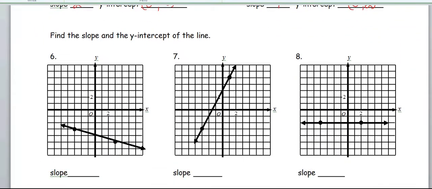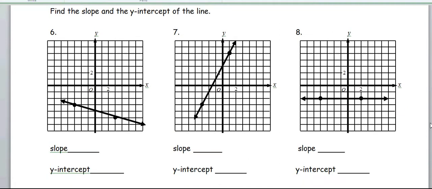Alright, from a graph, I usually find it's easier to find the y-intercept. So on this, to find the y-intercept, I just have to name this point. See, it crosses my y-axis, and what is that point? It's 0, 1, 2, 3, negative 4. 0, negative 4. I could do this one. I could find the y-intercept here.